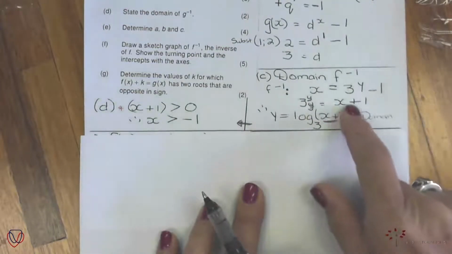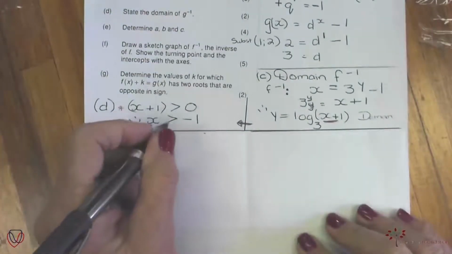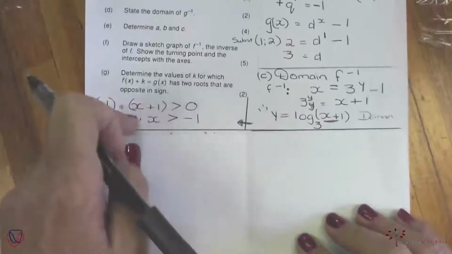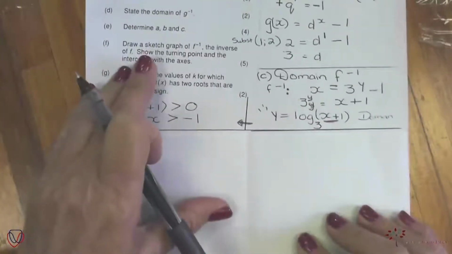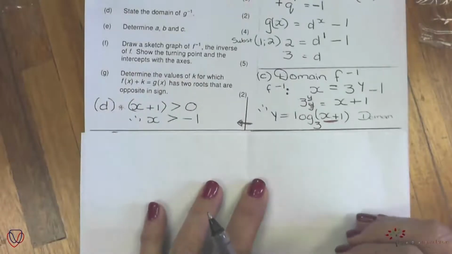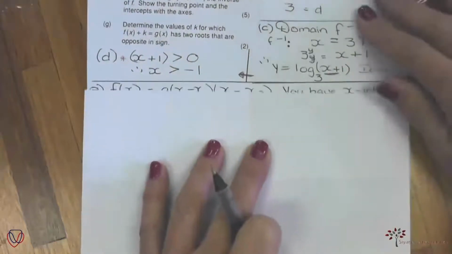That means this must be larger than 0. So x must be larger than -1. And that is the domain of this graph. X larger than -1. Right. Have you got that one? Let's go on to the next one.